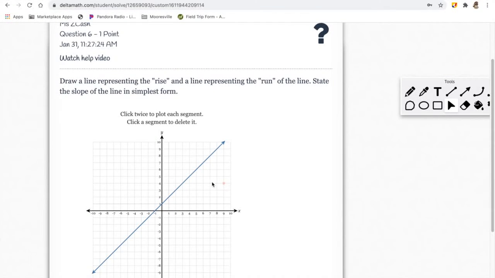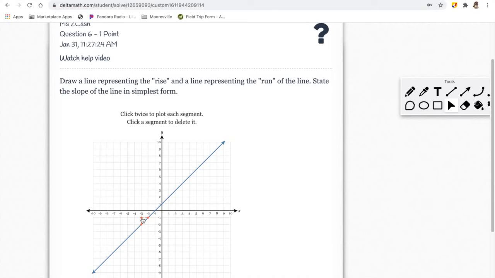For the next example, it says draw a line representing the rise and a line representing the run. So again, I'm going to do 2 corner points. I see this is a corner point right here. This is also a corner point. From this bottom corner point, I'm going up my rise. From that rise, I go right to the next corner point. There's that one.